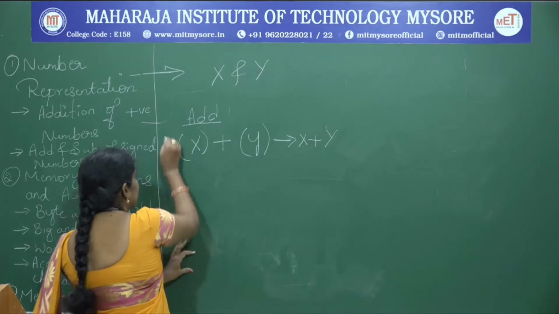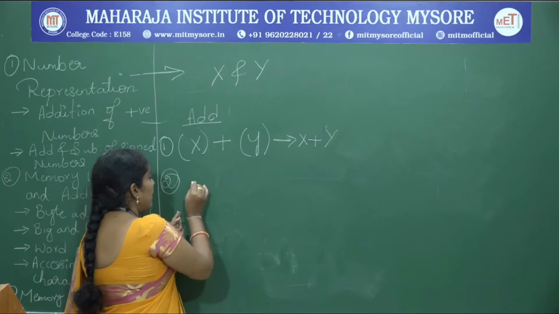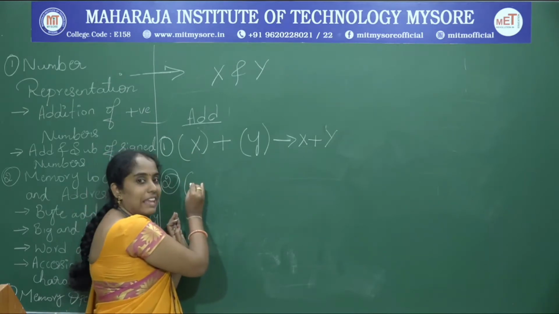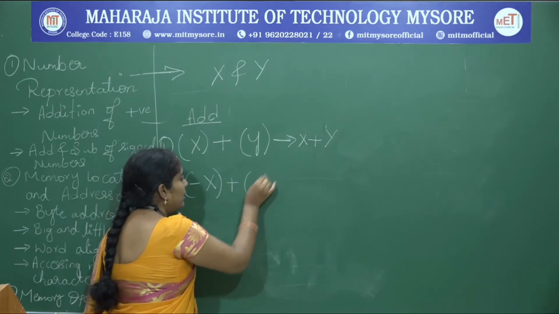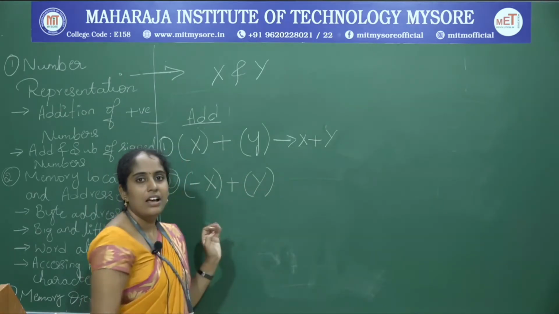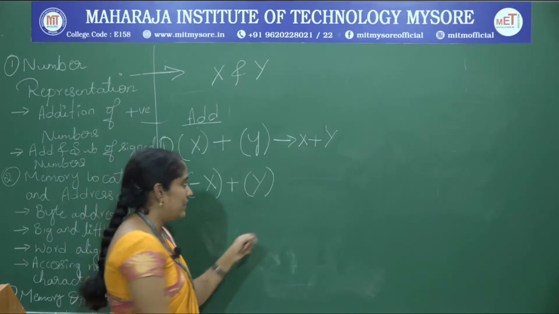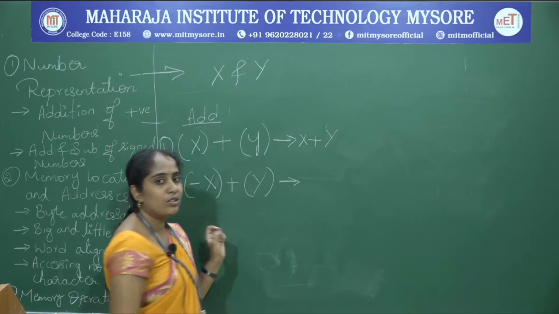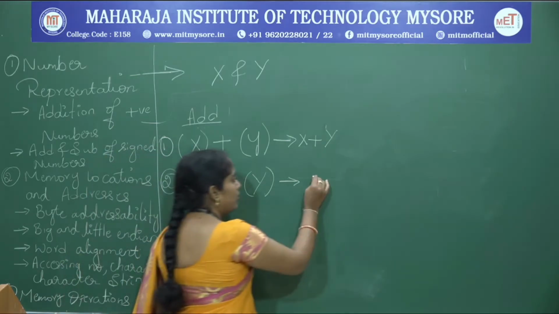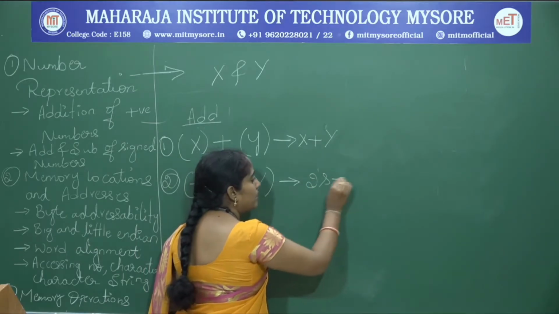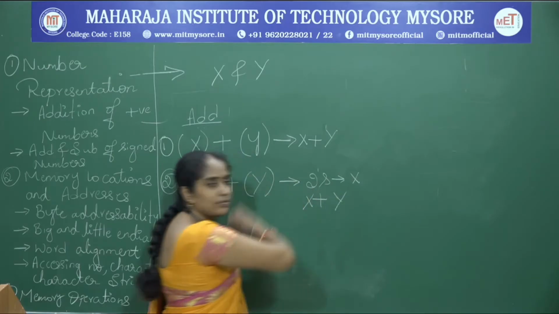So this is the first formula. The second one: if the x value is negative, minus x, added with plus y, then you need to take the 2's complement of x, then x plus y.